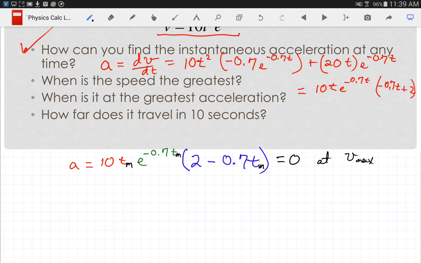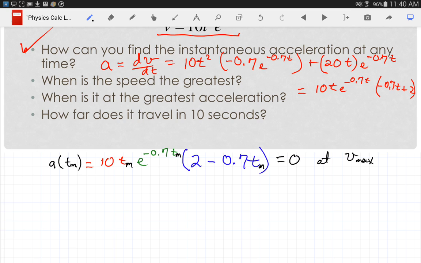They're all separate terms. My condition for finding when I have the maximum speed is going to be when the acceleration is 0. So I put A at t max is equal to 0, and I have 3 different terms.